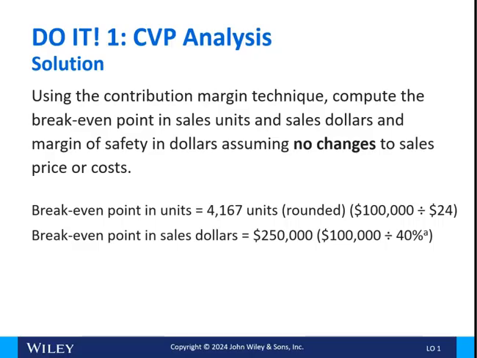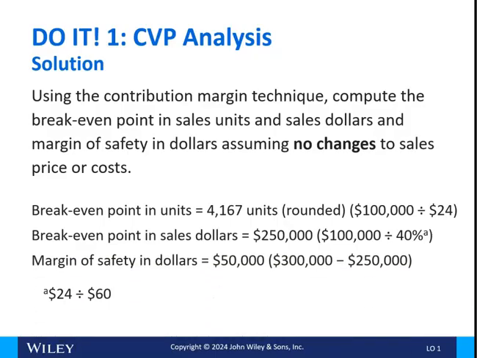Okay. Break-even point in sales dollars, $250,000. So $100,000 fixed cost divided by 40%, which is our contribution margin ratio, $24 of contribution margin per unit divided by $60 of sales price per unit. And our margin of safety in dollars is $50,000. So that's $300,000 of actual sales minus our $250,000 of break-even sales.